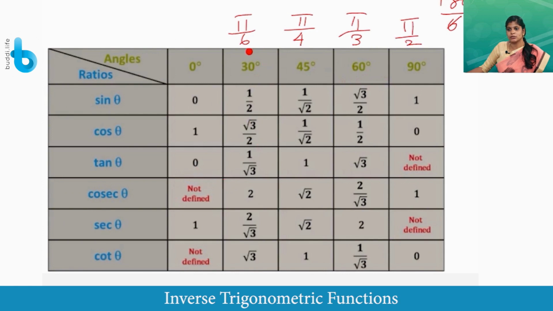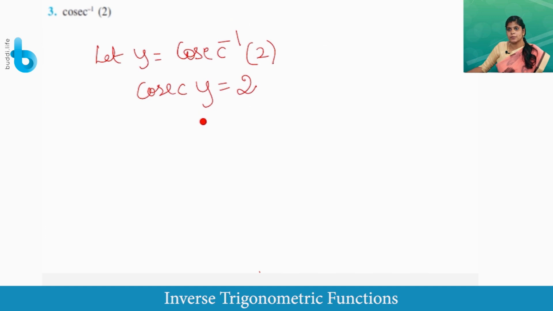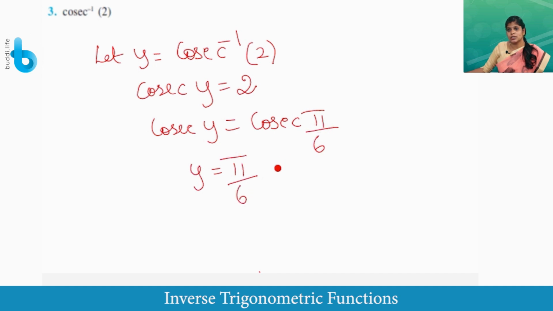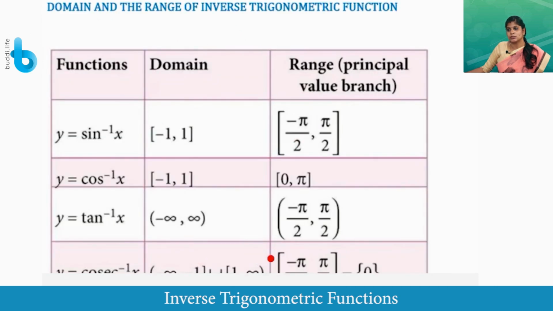So cosecant y is cosecant pi by 6, and the y value is pi by 6. We have to check whether it belongs to the principal range. The principal range for cosecant is minus pi by 2 to pi by 2, which doesn't include 0. This checking also you have to write.